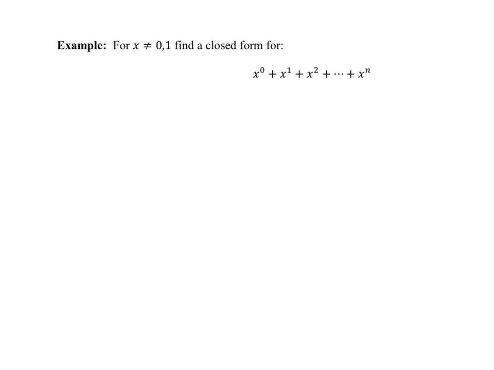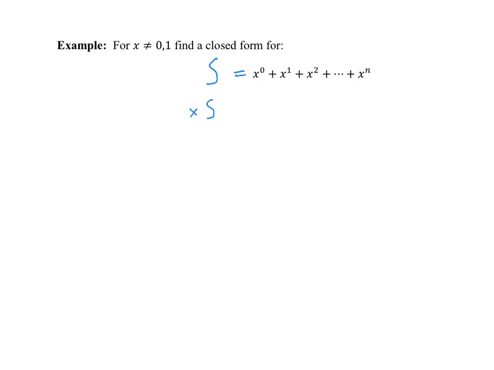Okay, so here we have a series. This time in the series, the power is the thing that's growing. So this is what we call a geometric series, and we're going to try to find a closed form for this. So the strategy that we're going to use is to call this closed form s, the sum that we're searching for, and take s and multiply it by x.